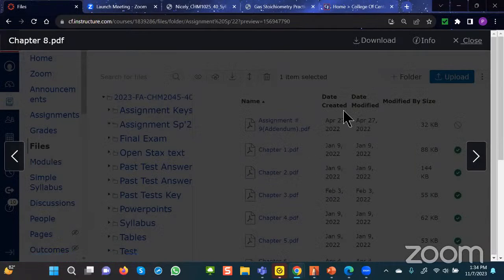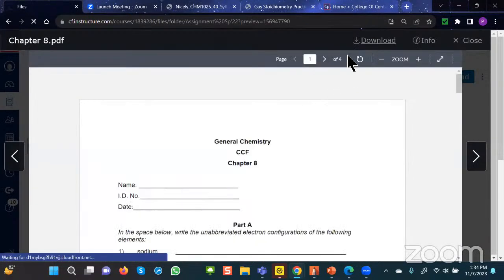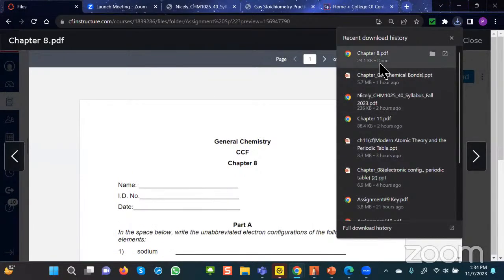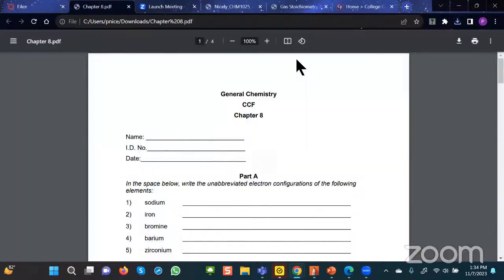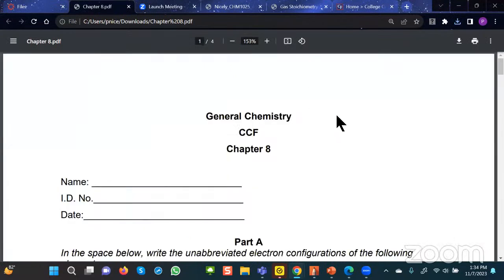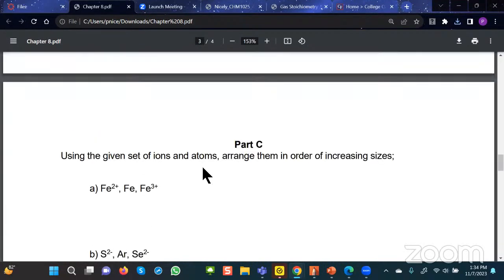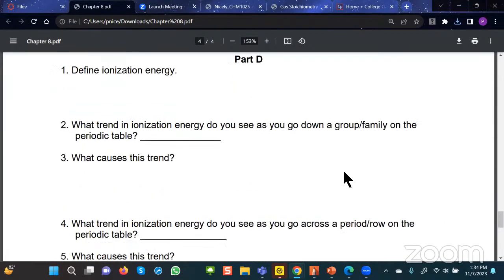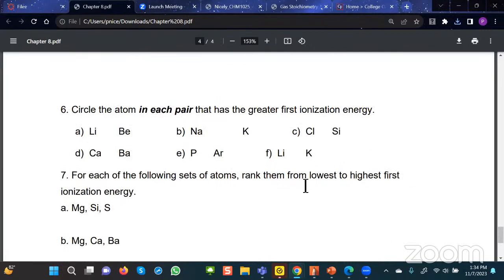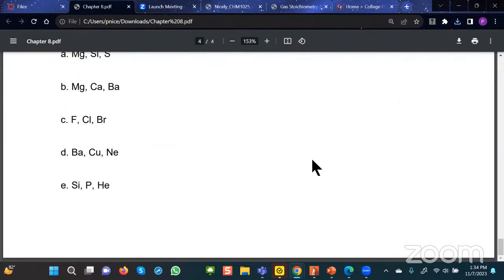So assignment 8: you should be able to do these right here. Ionization energy, you should be able to do those. So that's it as far as this assignment is concerned.